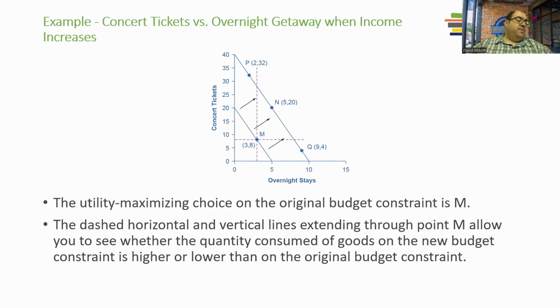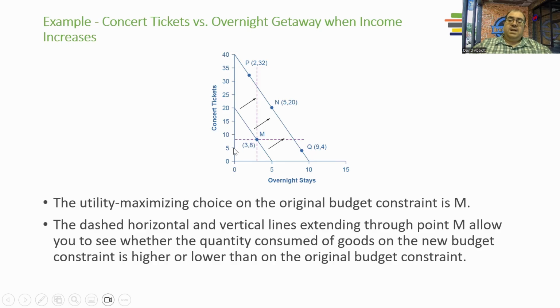After thinking about her total utility and marginal utility and applying the decision rule, that the ratio of marginal utility to price should be equal between the two products, Kimberly chooses point M, which is the red dashed line here.